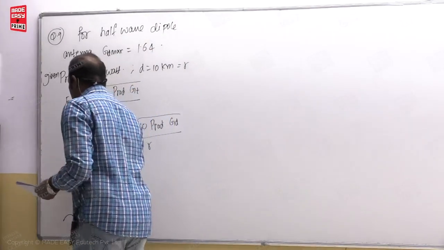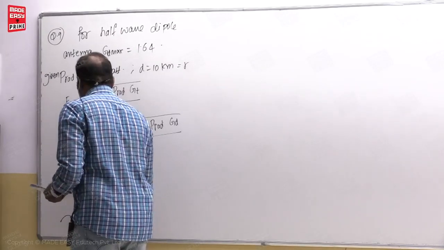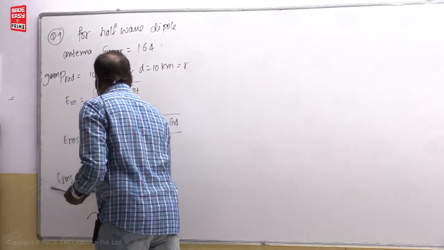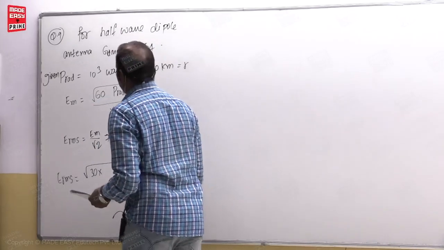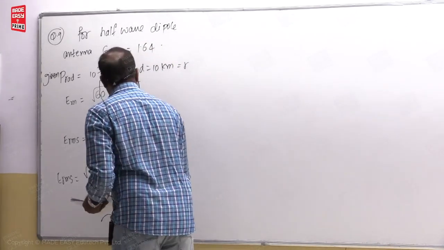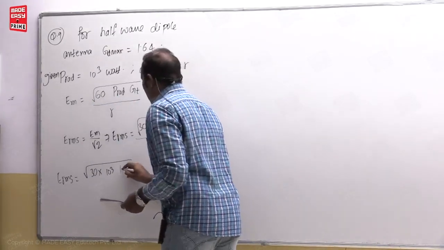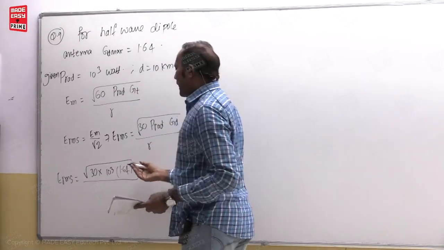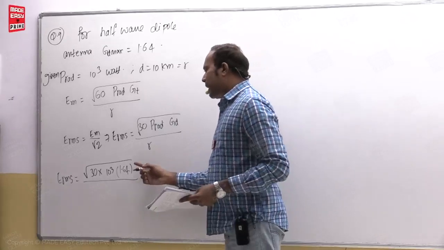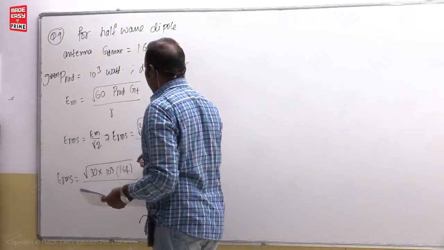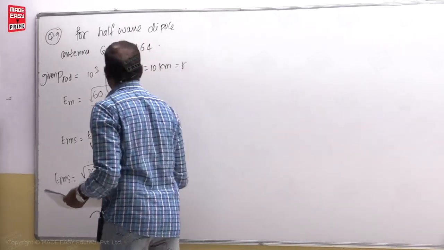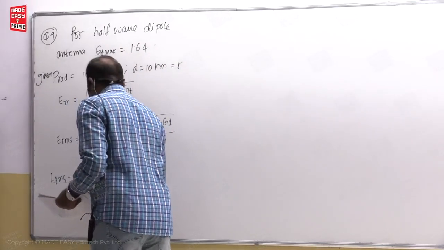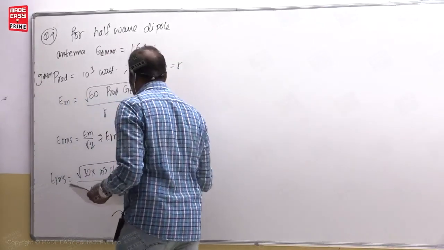So ERMS is equal to root of 30 into power radiated, which is actually 10 cube, then GD is 1.64. Actually we are calculating ERMS in the maximum directive gain direction. So that means here R is 10 into 10 to the power 3, the 10 kilometer.